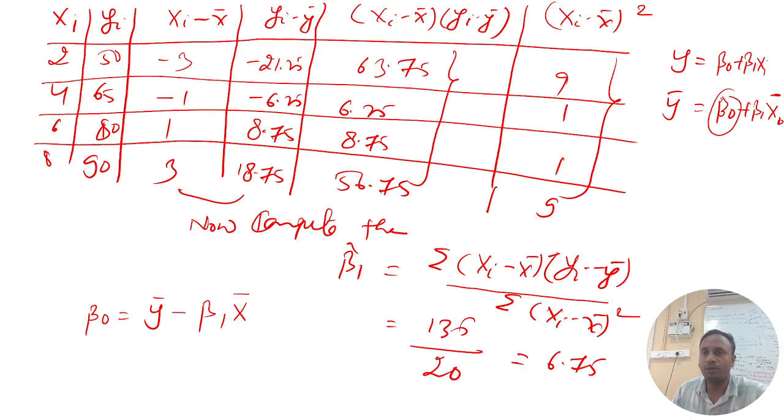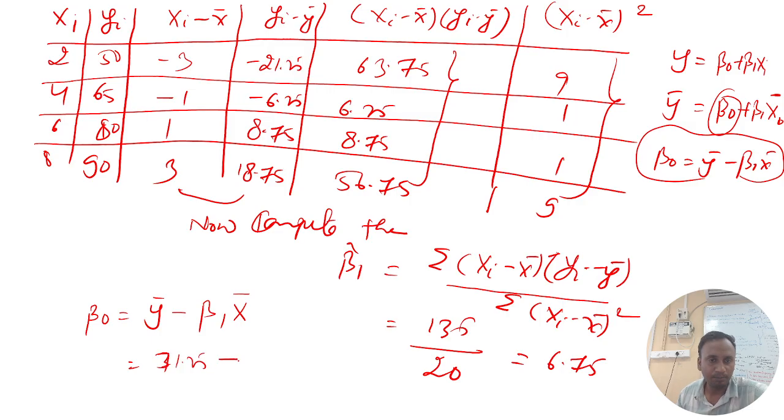So beta naught equals y bar minus beta 1 x bar, that is 71.25 minus 6.75 into 5.